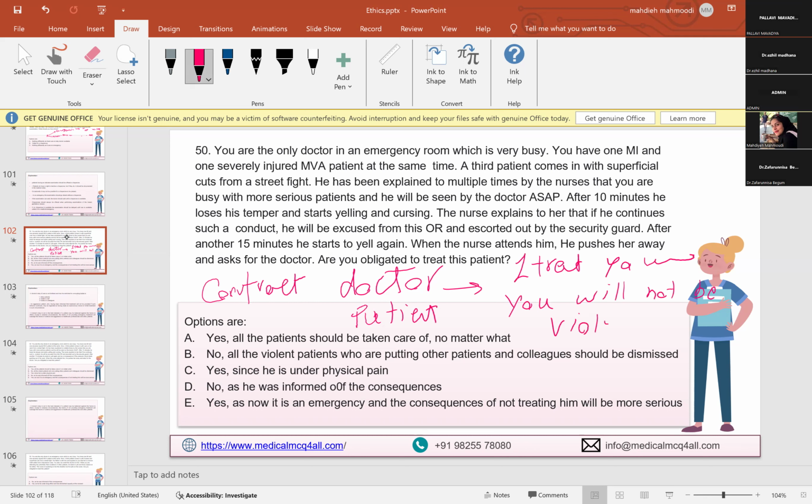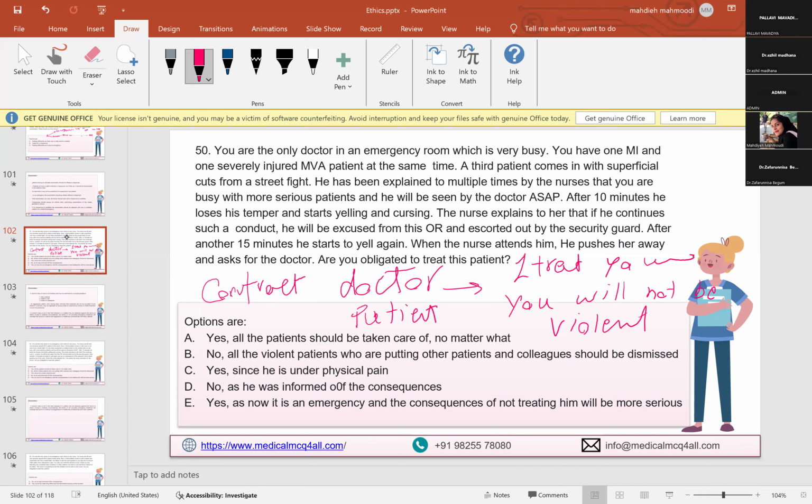Do not forget, as you have a duty towards your patient, you also have a duty towards yourself and your colleagues. This patient is sane, awake, and not a case of emergency. In these cases of violence, especially physical violence, if you already informed the patient that if you continue like this, our contract is done and no more obligating.